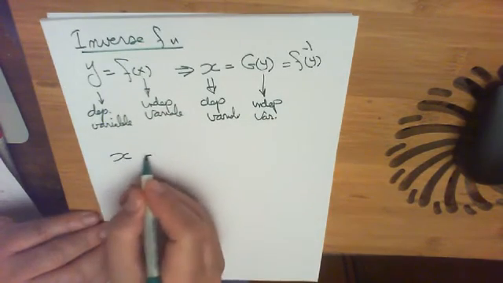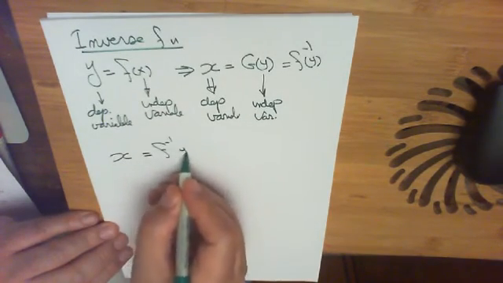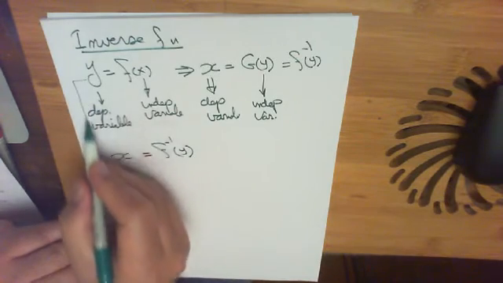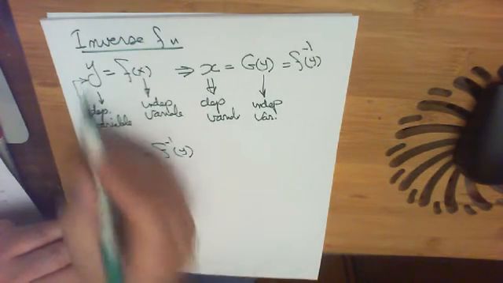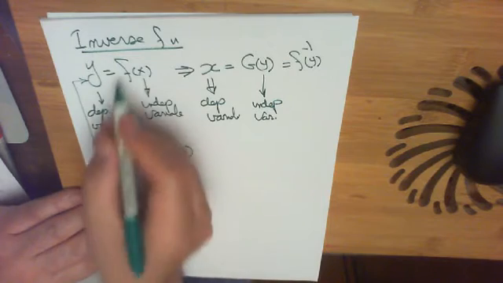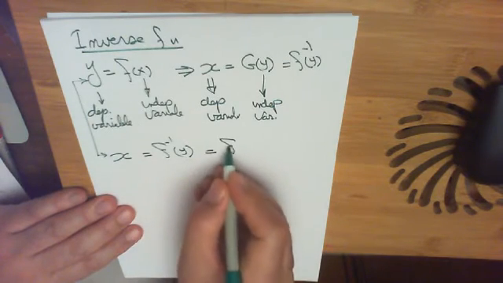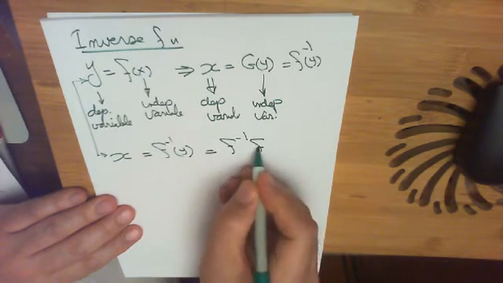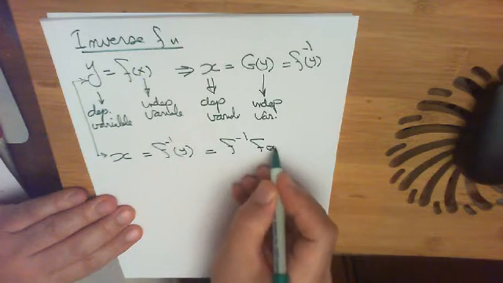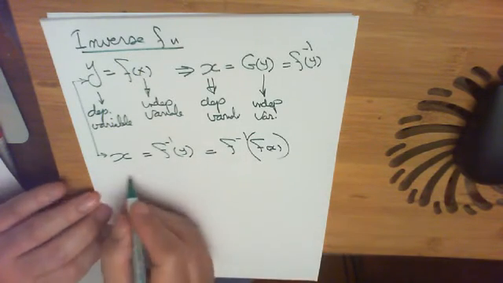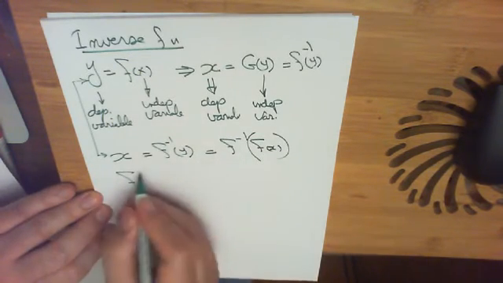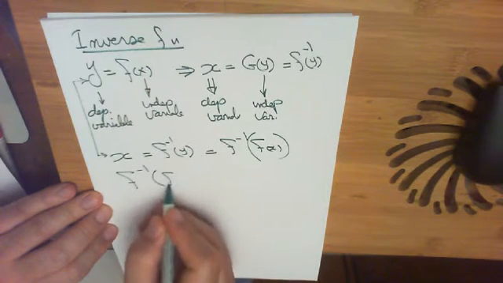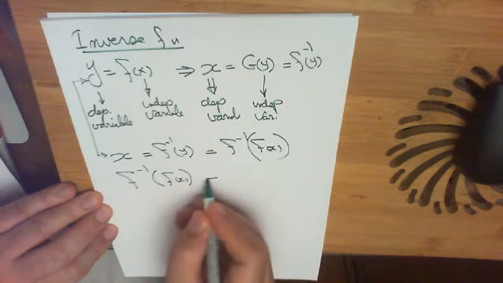So x equals f minus 1 of y is the inverse function of y equals f of x. But y equals f of x, so we have f minus 1 of f of x. Simply, if we meet f minus 1 of f of x, this is directly put as x.